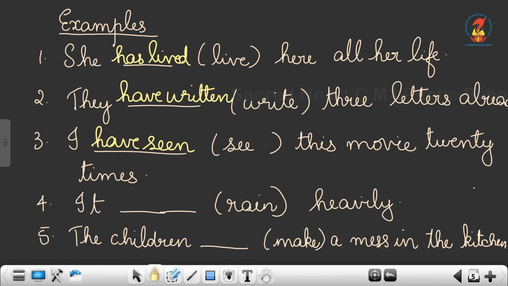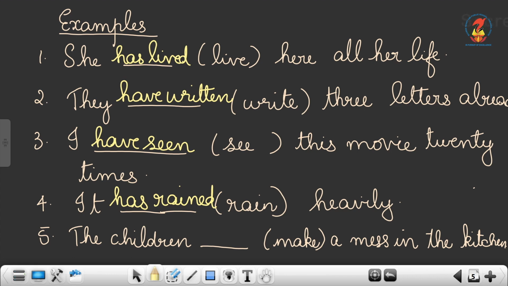It dash rain heavily. What is the subject here? It, isn't it? So when it comes, what do we have to use, has or have? Has. Yes. So it has, and the past participle of rain is rained. It has rained heavily. Now the next one, the children dash a mess in the kitchen. What is the subject here?